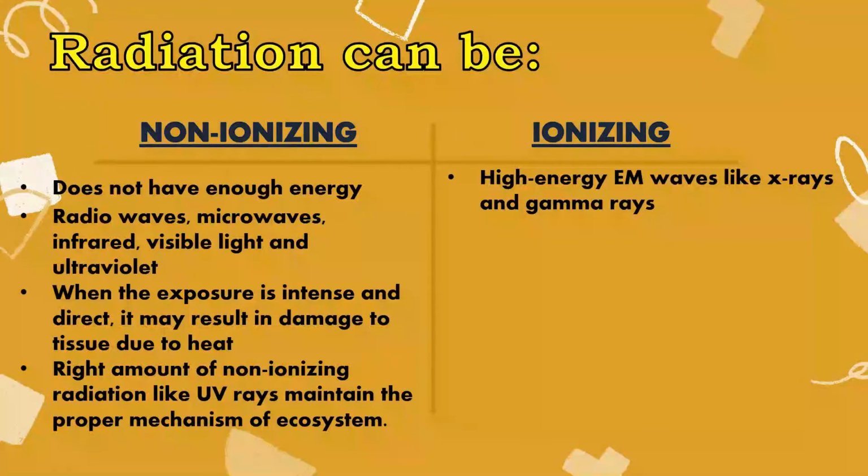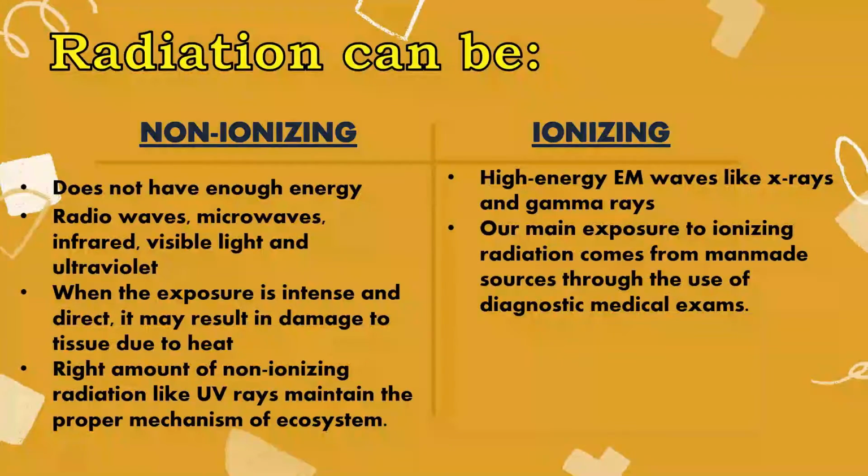High-energy EM waves like X-rays and gamma rays are considered ionizing radiation. Like non-ionizing radiation, we are also exposed to low levels of ionizing radiation that comes from the atmosphere. This means that the usual amount of ionizing radiation from natural sources absorbed by our bodies is small. Our main exposure to ionizing radiation comes from man-made sources through the use of diagnostic medical exams.